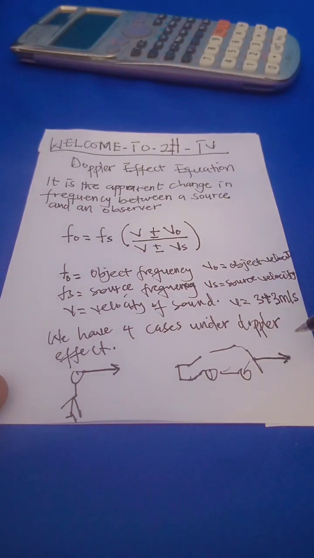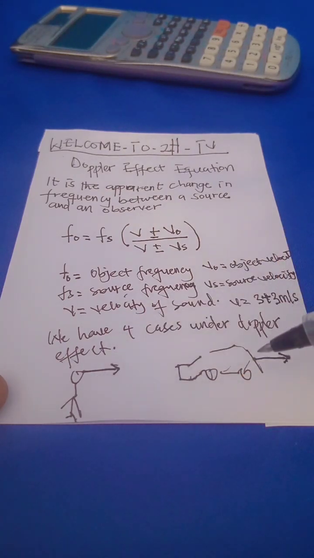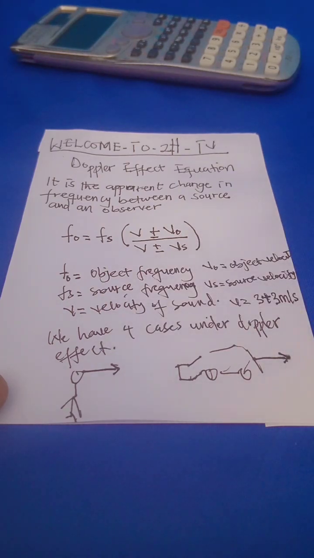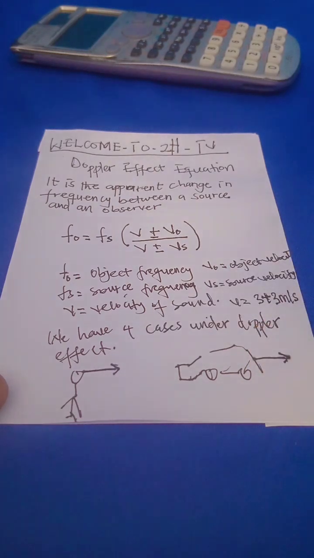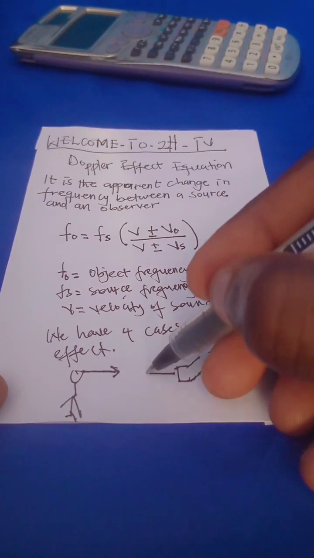So that's case 1. The second scenario can be that the object is moving towards the source, and the source too is moving towards the object.